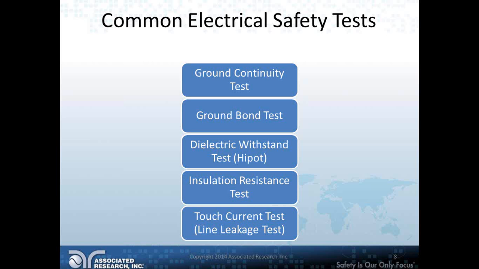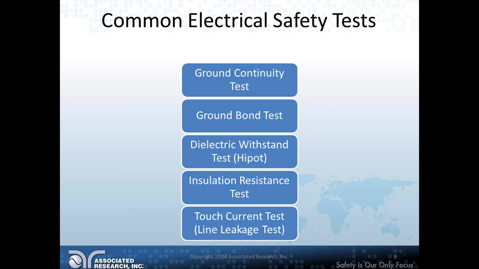So what is the insulation resistance test? Well, the insulation resistance test is used to provide manufacturers with a quantifiable value for the resistance of their product's insulation. This test is usually performed on a product after it is manufactured, installed, or repaired. It could also be based on company requirements.